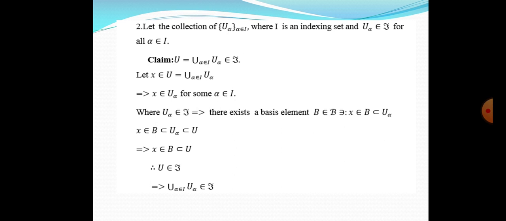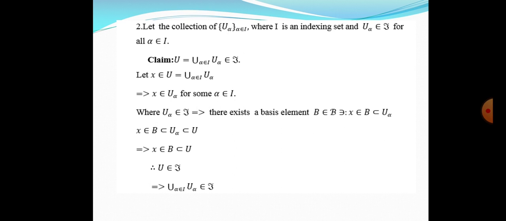Then x belongs to B, which is a subset of U alpha, and U alpha is contained in U. That implies x belongs to B, and since U alpha is a subset of U, B is definitely a subset of U. Therefore U belongs to tau, because U belongs to the topology tau.